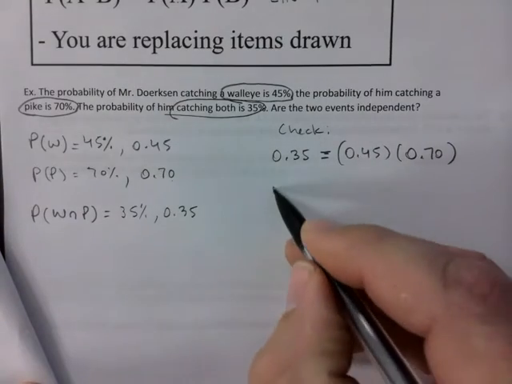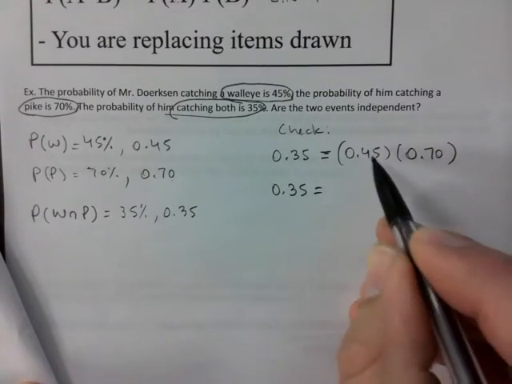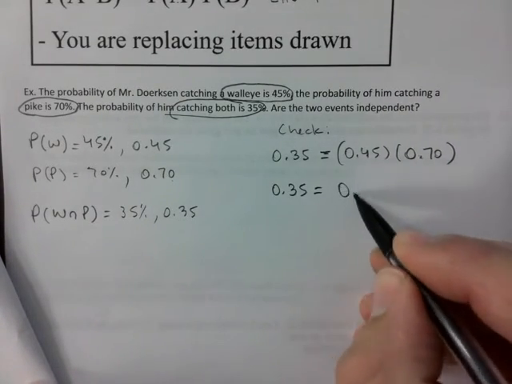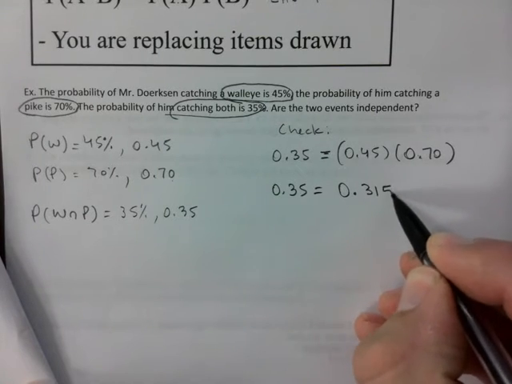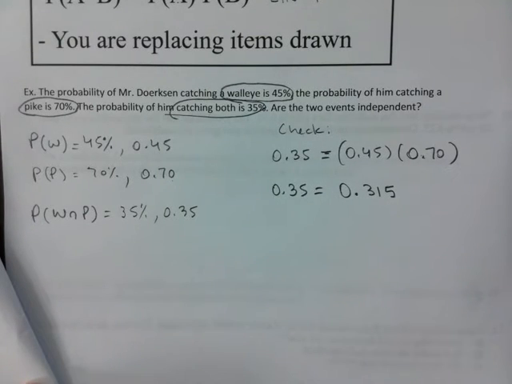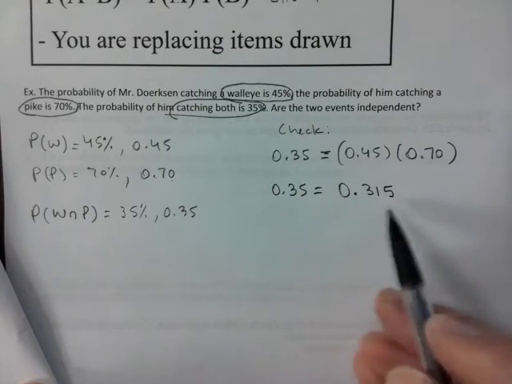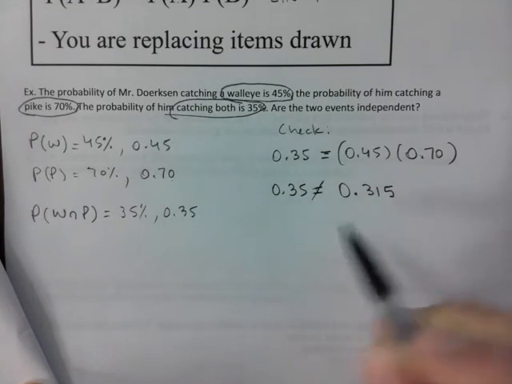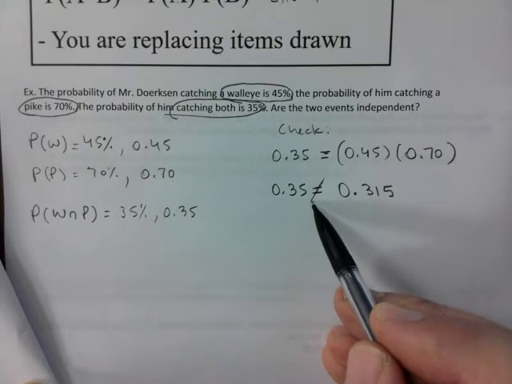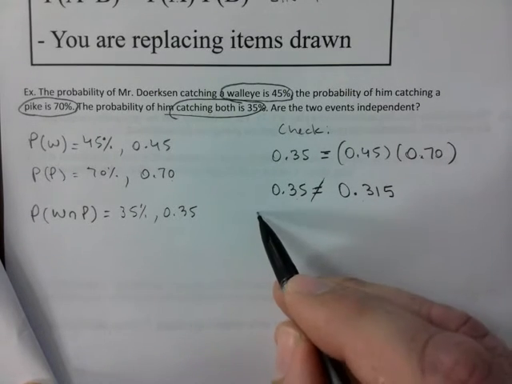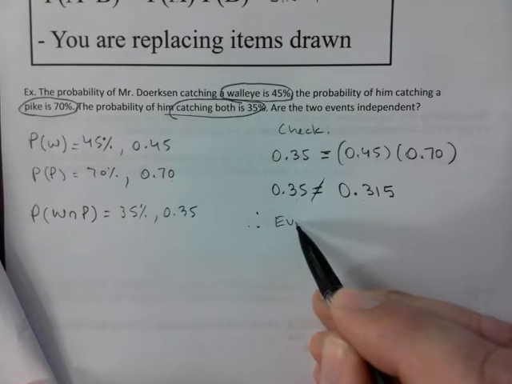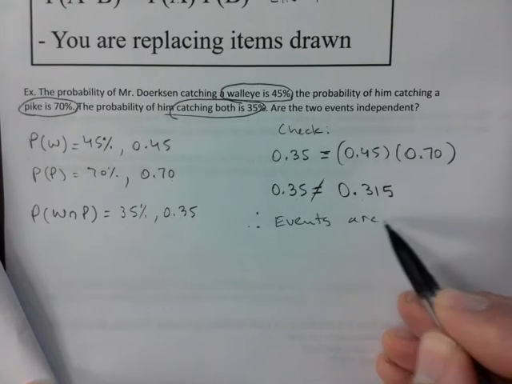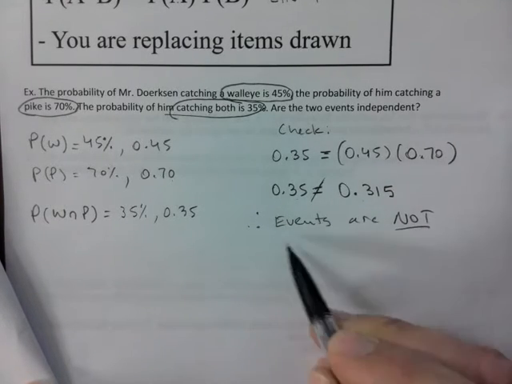So you multiply these two, you get 0.315. At this point, you can't just leave the equal sign there because you're lying. This is not a correct statement, right? So when you notice that they're not the same, cross off the equal sign. They're not the same. Therefore, events are not independent.